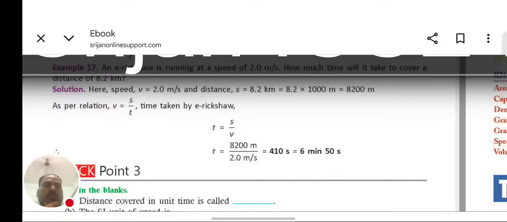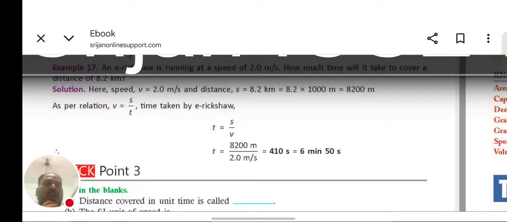So how much do we have? We have kilometer, so we have to convert this kilometer into meter. Then we will do the multiplication. 8.2 into 1000, then it becomes 8200 meter. So now we have to put 8200 meter in the place of S, and in V place we have to keep 2 meters per second.